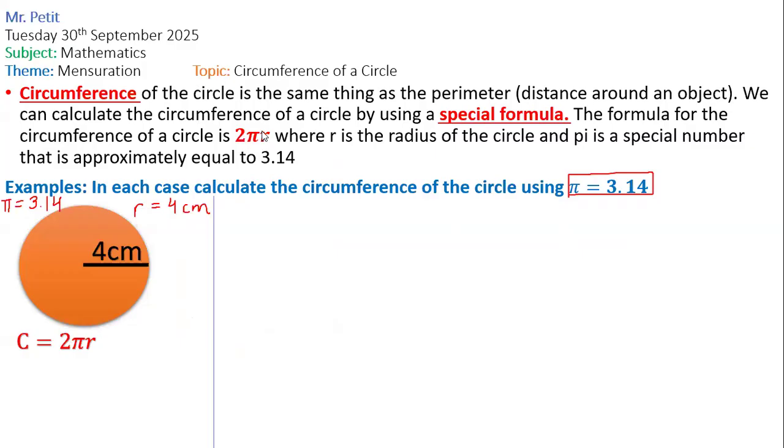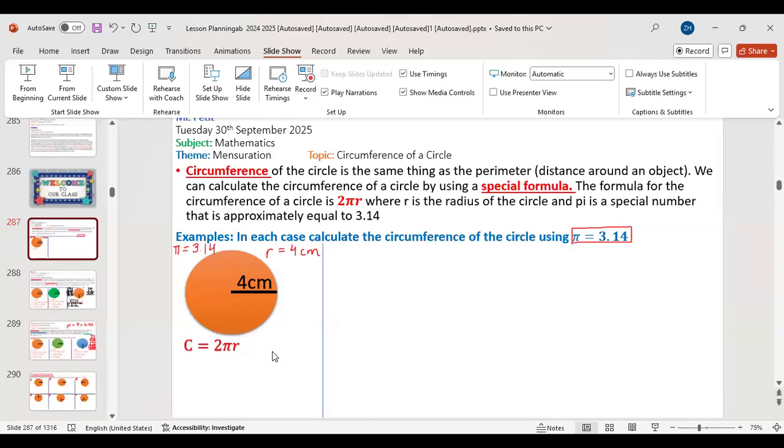So how do we get our answer? We're going to substitute. We already know this is 2 pi r. Instead of putting pi, what is pi?